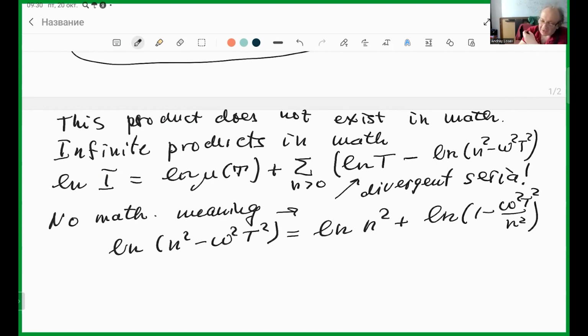So after I write it like this, I have here logarithm t plus logarithm n squared. So this is something divergent.